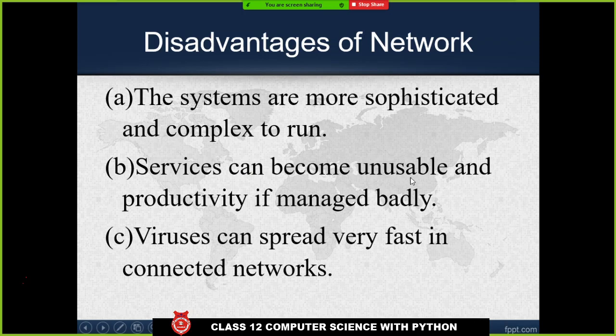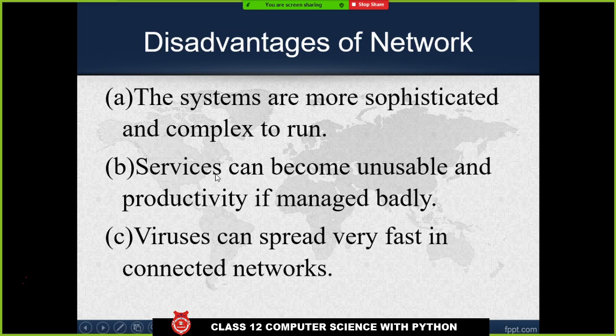And services can become unstable and productivity can drop if managed badly. Yes, this is true. If the network is managed badly, sometimes the network server is down and sometimes it is up, which means the productivity decreases.